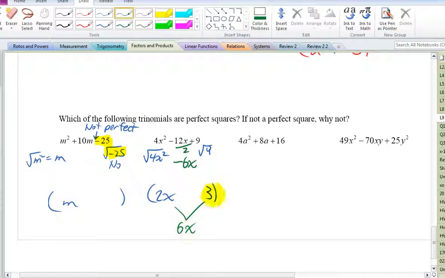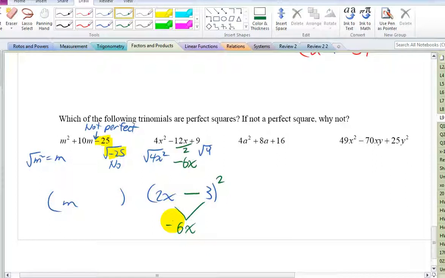What can we do to the 2x or the 3? Make this negative. What's negative 3 times negative 3? Still plus 9, which is the same. Okay, so yes, this one is a perfect square. There's your factors. 2x minus 3. Okay, now it's negative 6x.